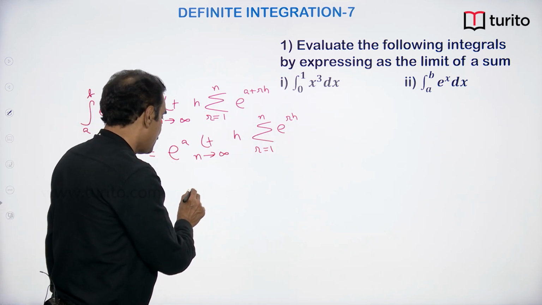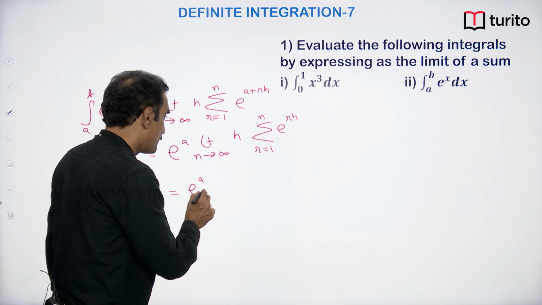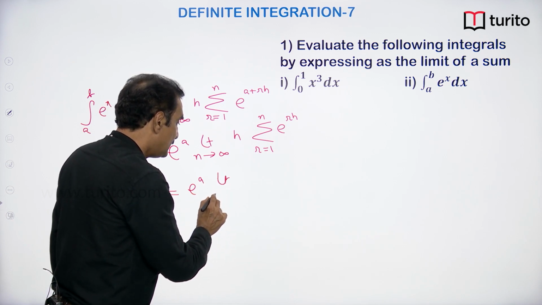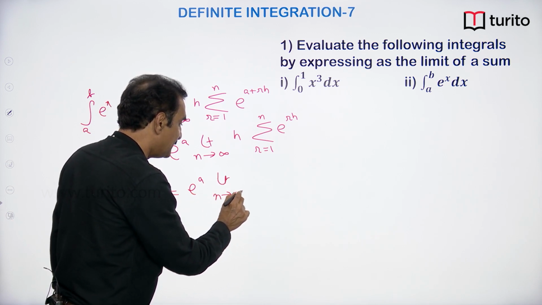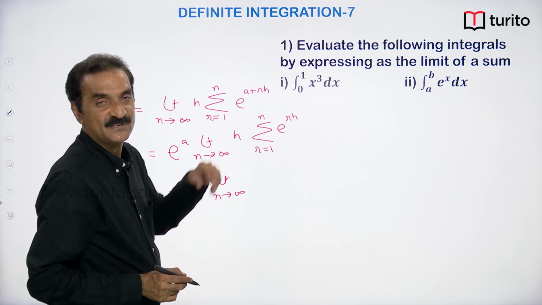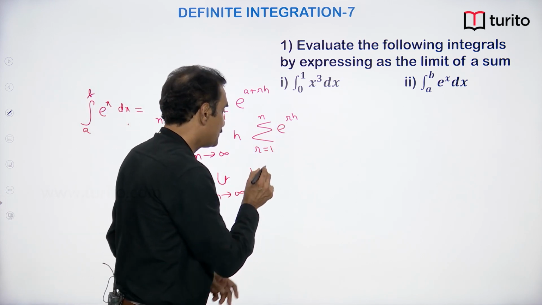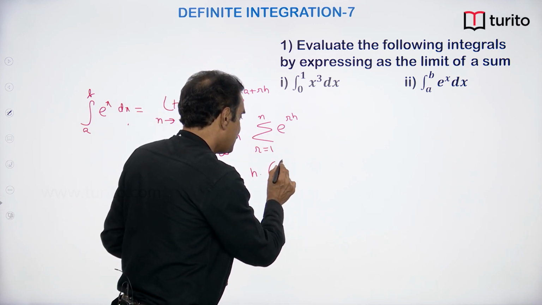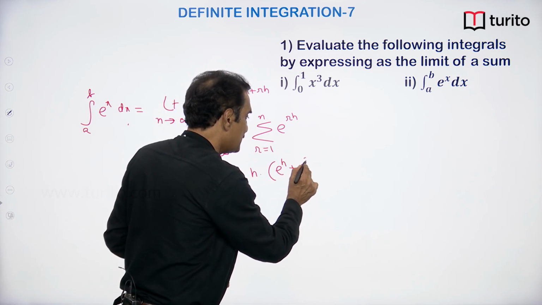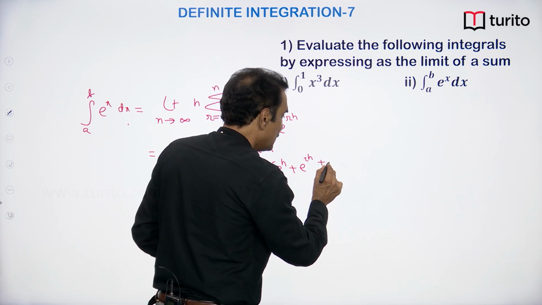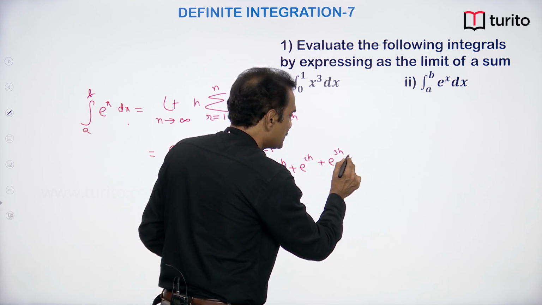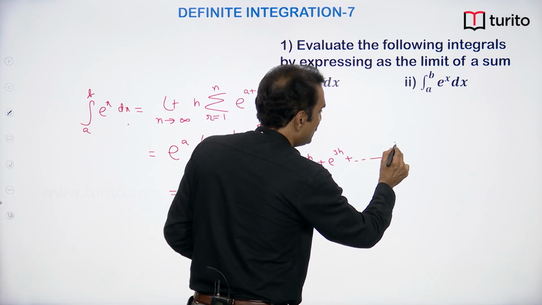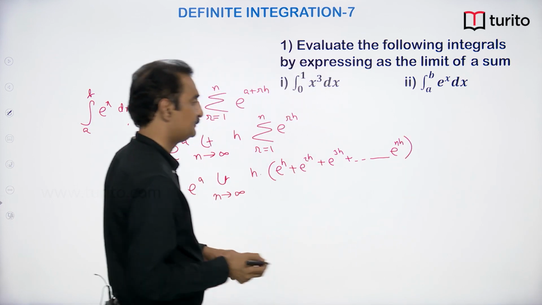So, e power a into limit as n tends to infinity. What is the sum of this GP? h into, if you want you can write the expansion, e power h plus e power 2h plus e power 3h and so on, e power nh.